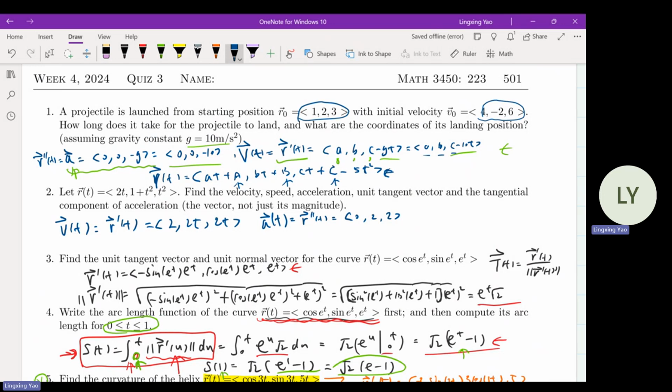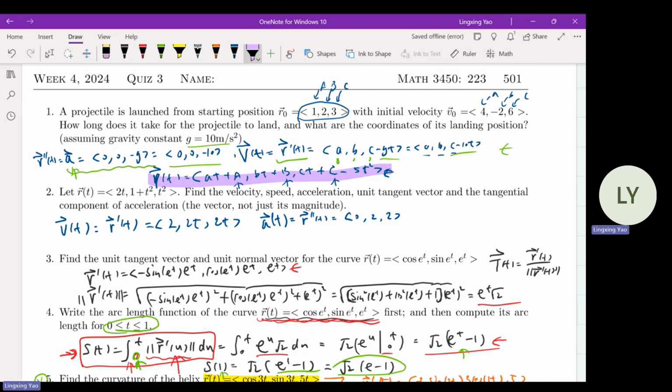So those are the values to determine the big A, B, C, and then we can figure out this path explicitly.